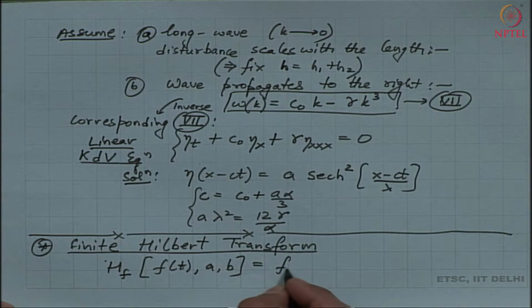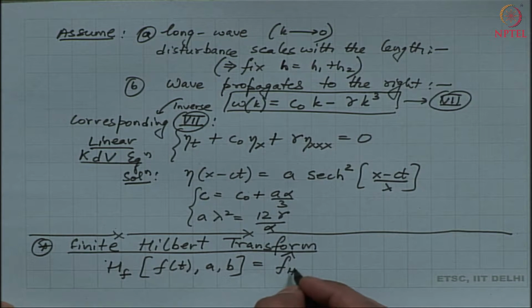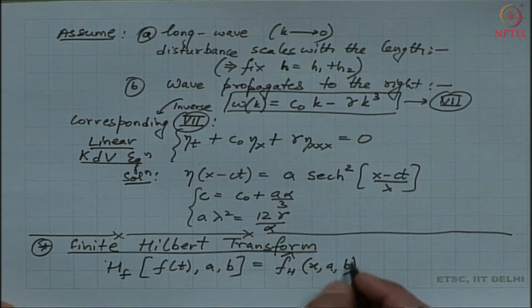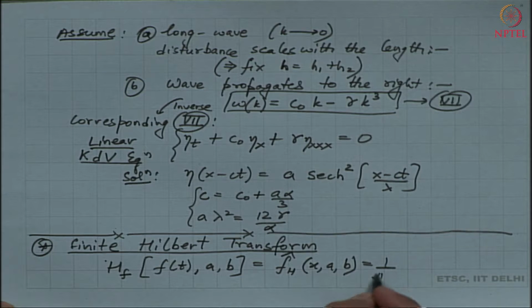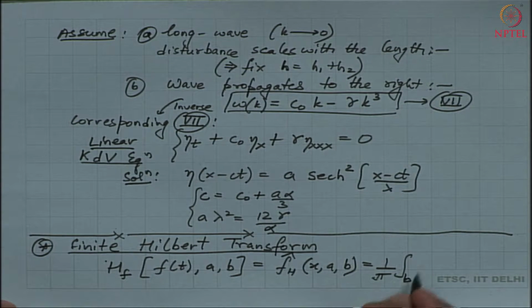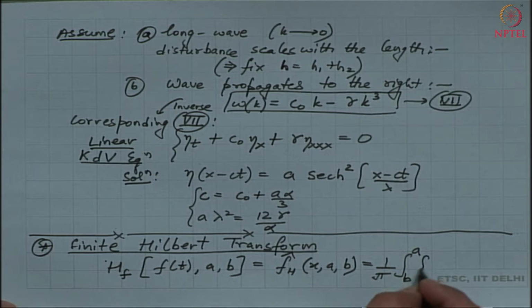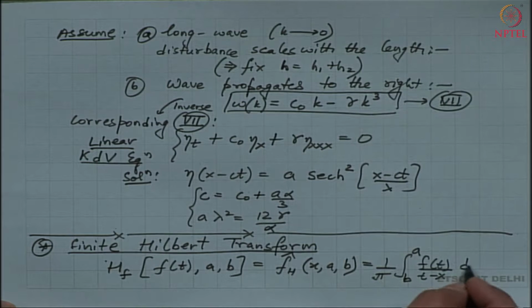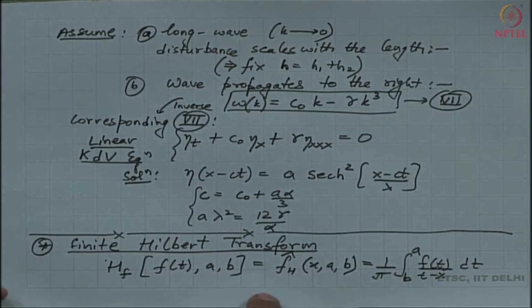So, this is f hat_H(x; a, b), and this is also equal to 1 by pi times the Cauchy principal value integral, this time from a to b, of f of t divided by t minus x, dt. Okay. So, instead of an infinite integral, I have a finite integral.